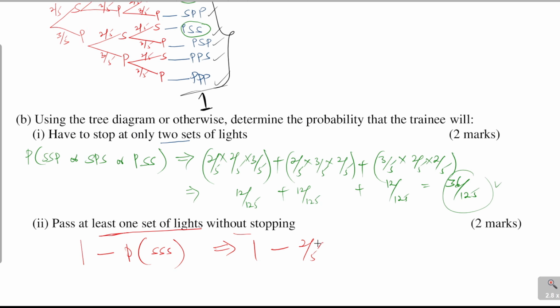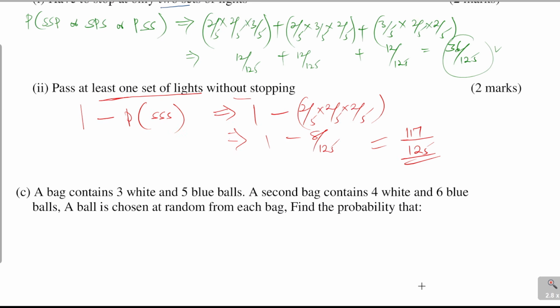And this will give 1 subtract 8 over 125, and this will give the solution as 117 divided by 125. As simple as that. So that is how you're supposed to do that.